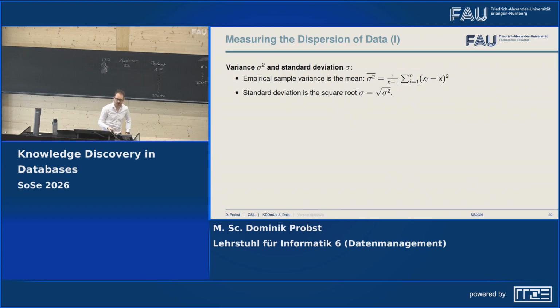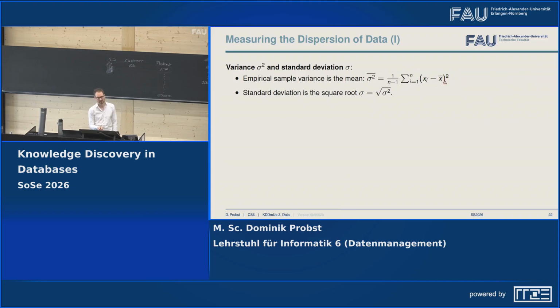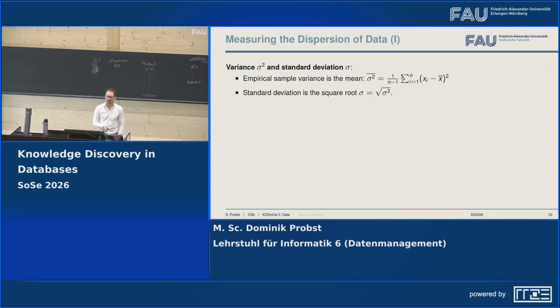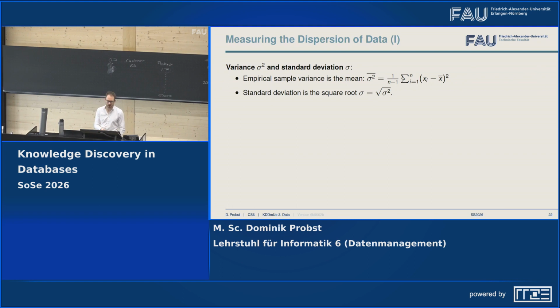Where we talk about, again, summing up all values, minus the mean, squaring up, and then dividing it through n, the number of values, minus 1, sorry. So we determine the average deviation from the mean squared. That's the variance, basically.